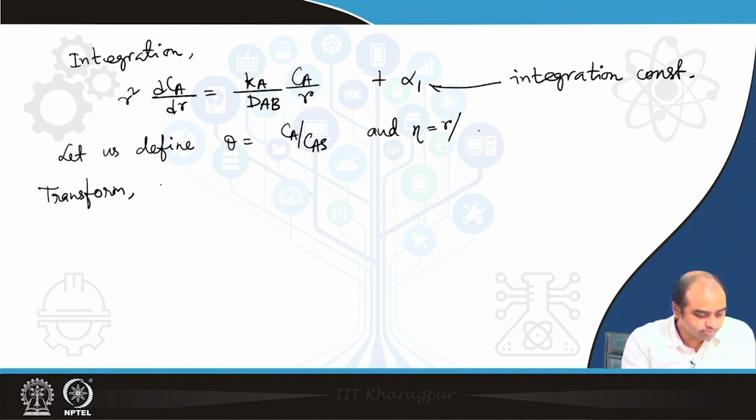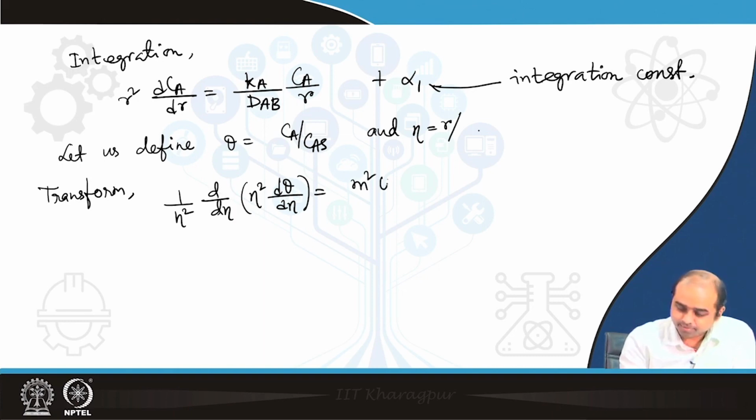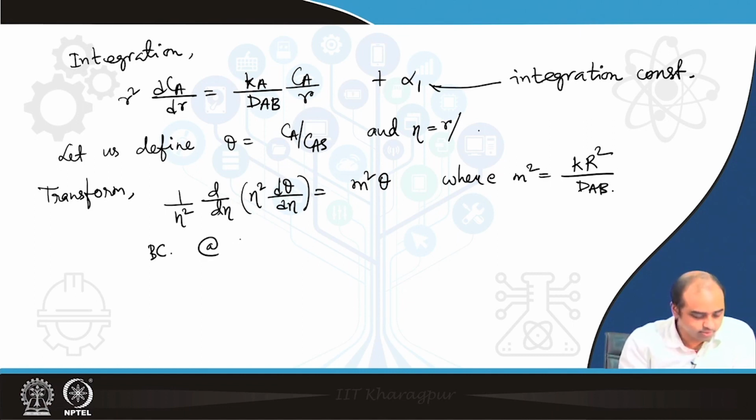If you work out the transformation, you will get 1 by eta square d d eta of eta square d theta by d eta equal to m square theta, where I define m square is equal to k R square by DAB. Similarly, the boundary conditions also need to be defined. So, at eta is equal to 0, you have d theta d eta equal to 0. At eta is equal to 1, you have theta is equal to 1.